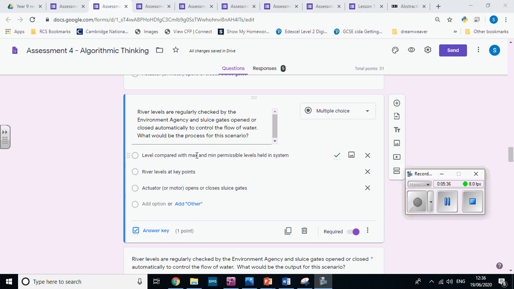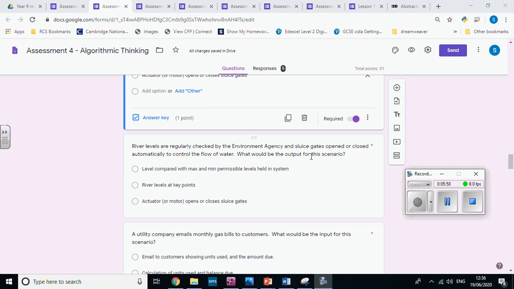If it's above maximum levels, we might need to open the gates to release some of that water. If it's dropping below the minimum level, we need to close the gates in order to bring that level back up. So that would be a process.